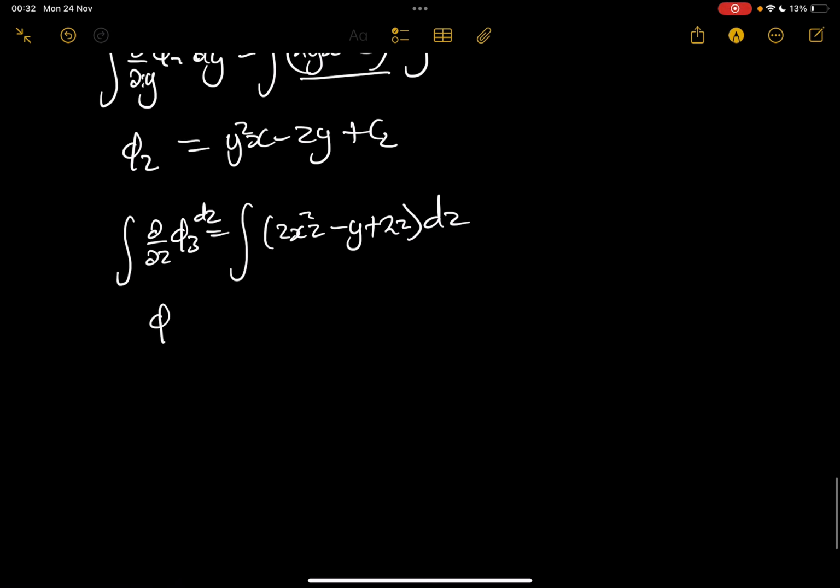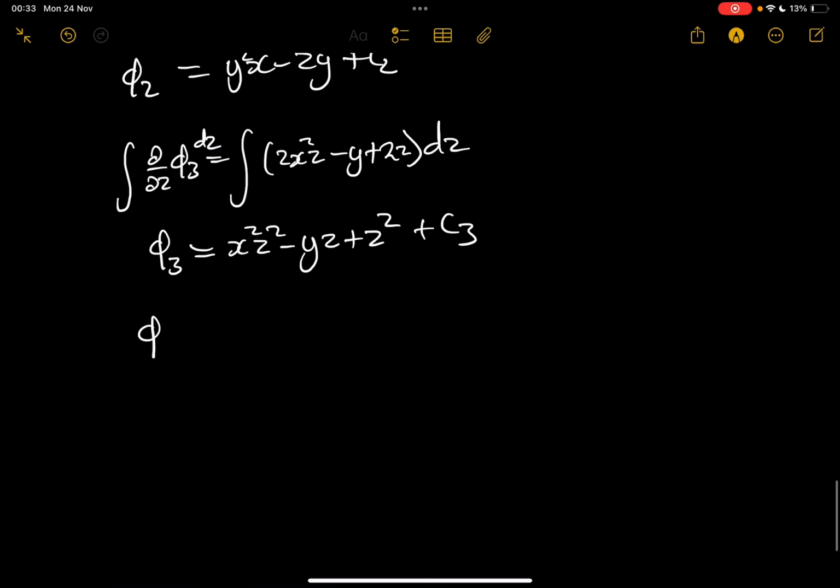So phi 3 is equal to x squared z squared minus yz plus z squared plus c3.